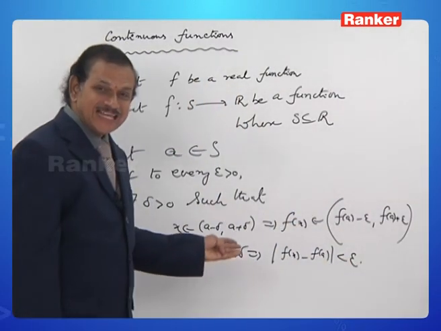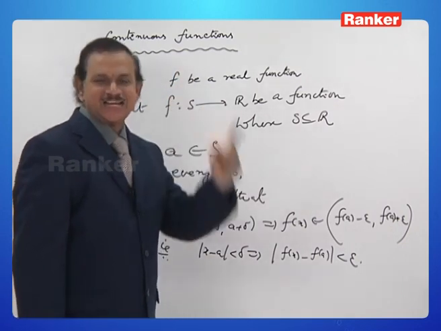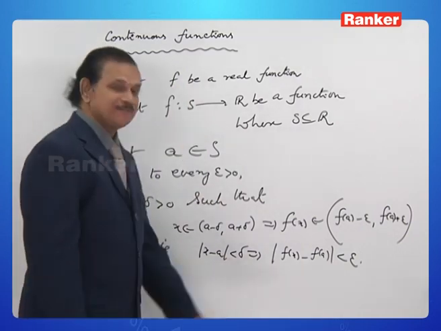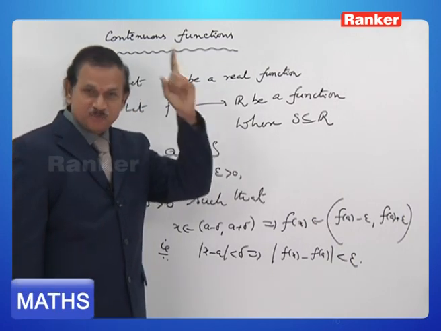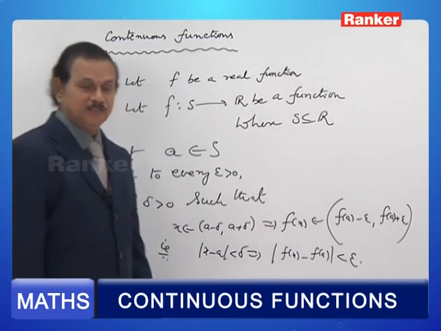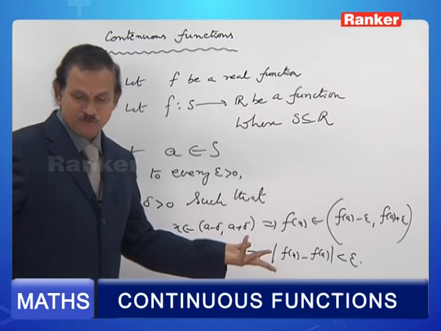This looks like the conceptual definition of the limit of a function. You can recollect, of course, in the definition of limit, 0 less than mod x minus A less than delta. There, x is not equal to A, it has been restricted. But such restriction is not available here. Mod x minus A less than delta means x can take the value A also.